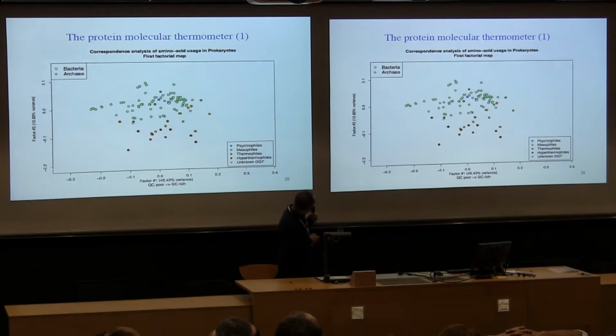This data analysis method constructs the factors by which the data vary most. And we see that the second factor of this analysis, the second axis, is very strongly related with environmental temperature. You see that red dots are on one side of this factor, while green dots for mesophiles are on the other side of this axis.